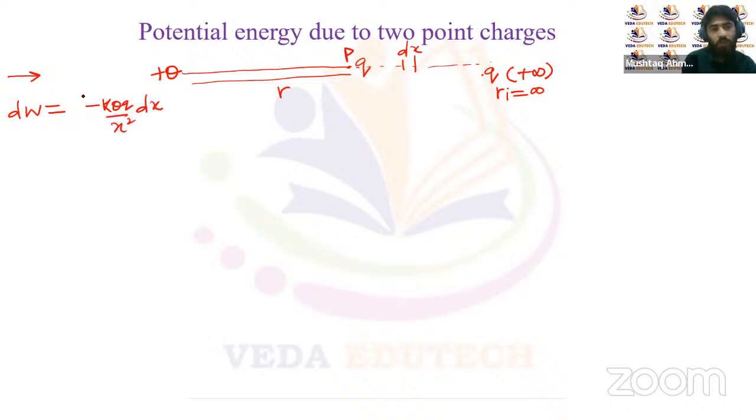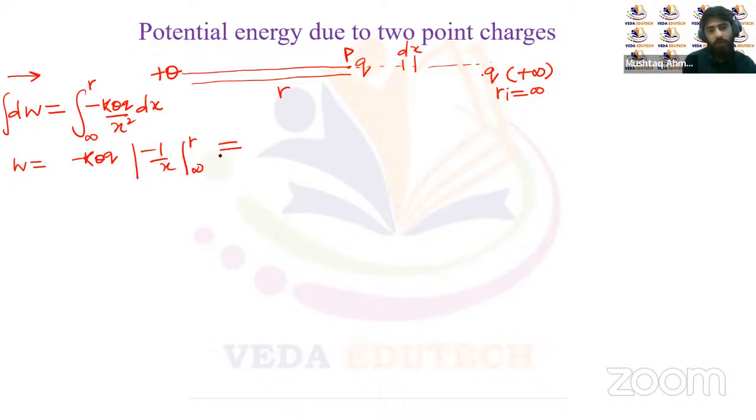Now to calculate the total work done, we will integrate from the initial limit to the final limit on both sides. So minus kQq, we will integrate dx upon x square. It will be minus 1 upon x with the limits infinity to r.